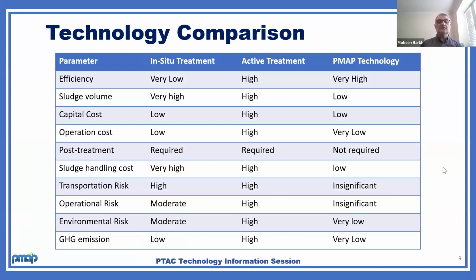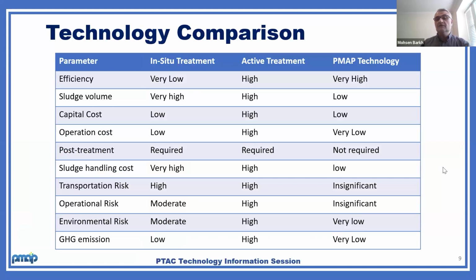As a summary, I can tell you that our system in comparison with the other treatments has several advantages. For example, our system is way more efficient. We have a smaller volume of the sludge. CapEx and OpEx are considerably lower than the other alternatives. We don't need any post-treatment activity, so basically we can save money on that portion.